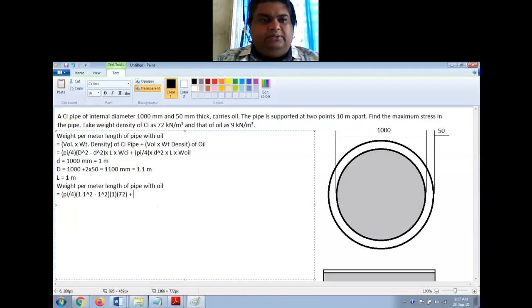This plus pi by 4 into d square into 1 into 9 kilonewton per meter. So the unit will be kilonewton per meter.